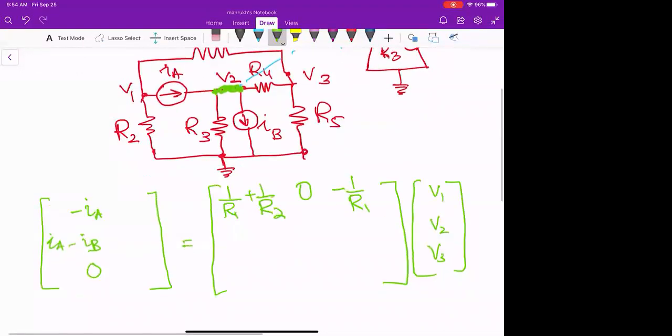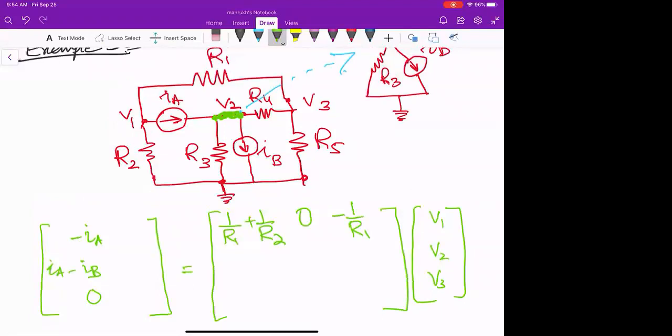Why minus again? Because when we wrote the matrix, it was the summation of Gj for j equals 1 to n, and then the minus summation of Gji for i equals 1 to n.